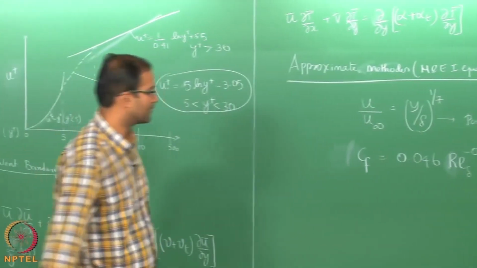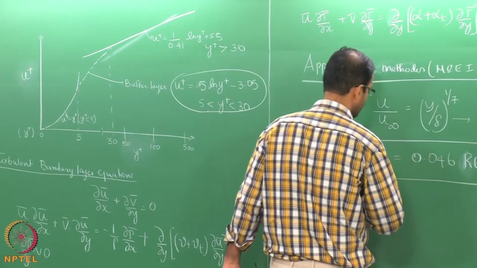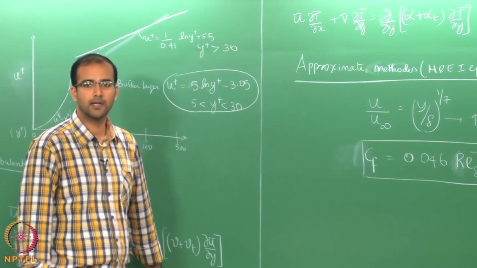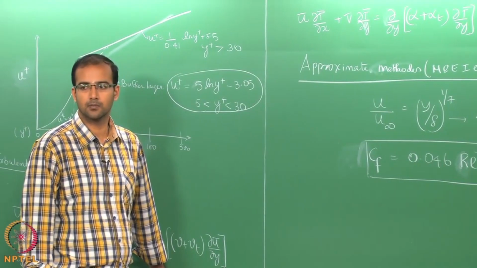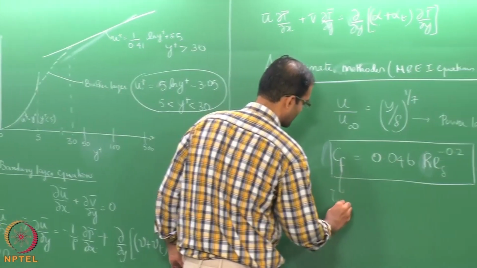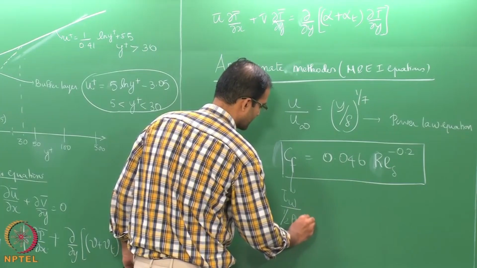So, this is the correlation that is most commonly used for approximating the wall shear stress in turbulent boundary layer. Okay. So, this is nothing but tau wall by half rho u infinity square.